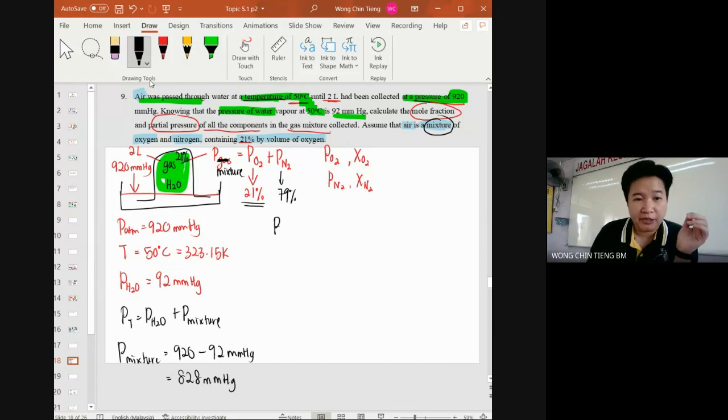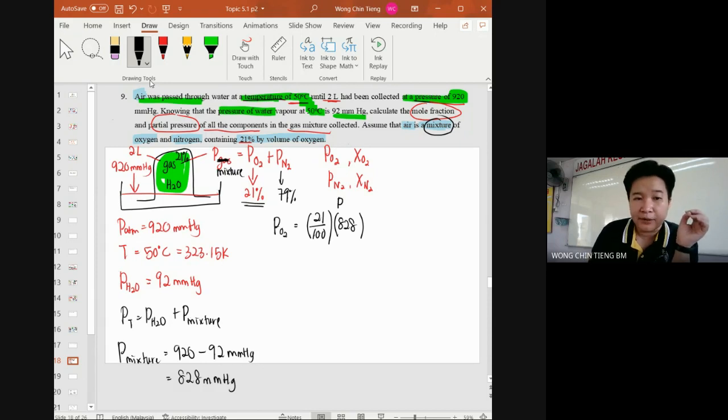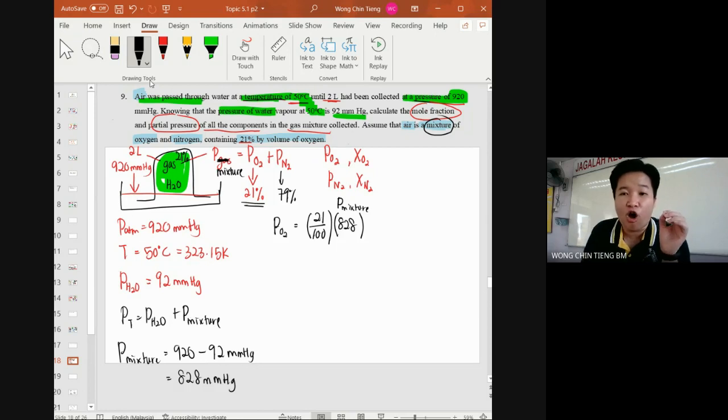So the partial pressure of your oxygen gas will be equals to your 21 over 100, 21%, times with the total pressure 828 millimeter mercury. But the total pressure I'm saying over here is the pressure of the mixture. Sebab dia ambil 21% of the gas mixture. Okay? So from that, you will have the partial pressure of oxygen gas.